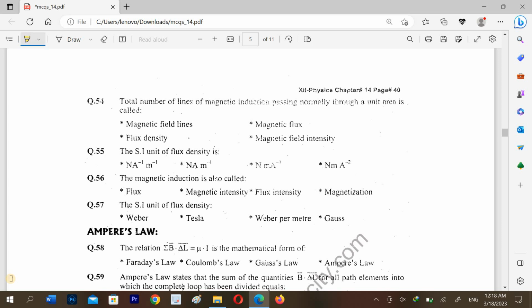The total number of lines of magnetic induction passing normally through a unit area is called flux density. The SI unit of flux density is Wb m^-2.